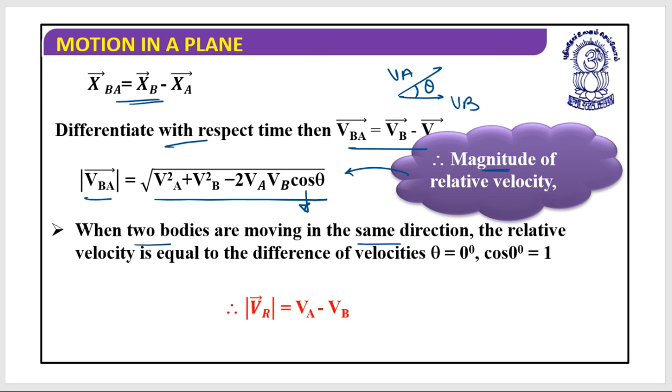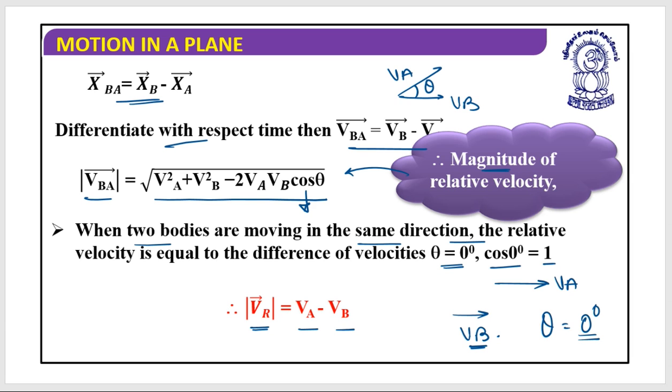When two bodies are moving in the same direction, say VA is in this direction and VB is also in this direction, then theta between them is 0 degrees, and cos 0 degrees equals 1. So the relative velocity VR is VA minus VB. Is it clear?